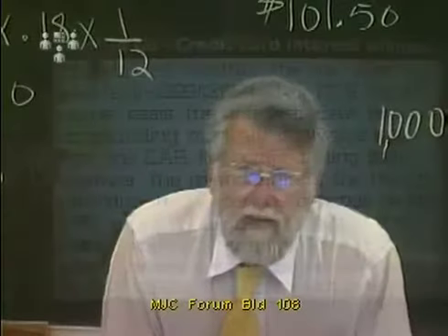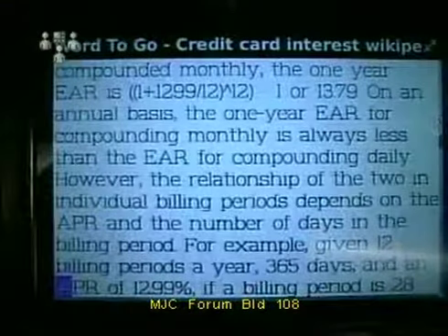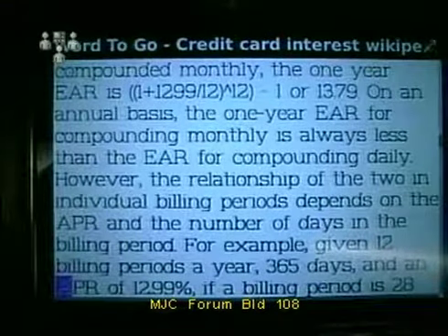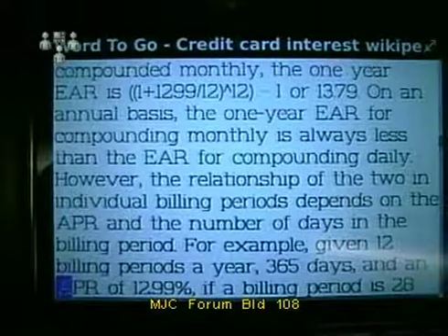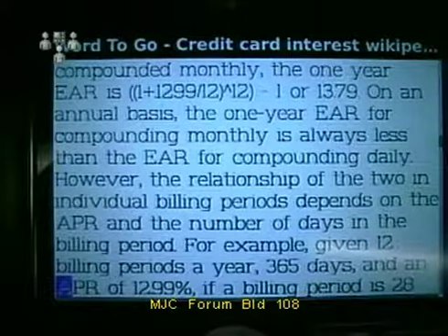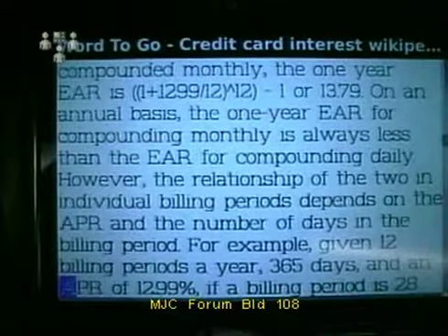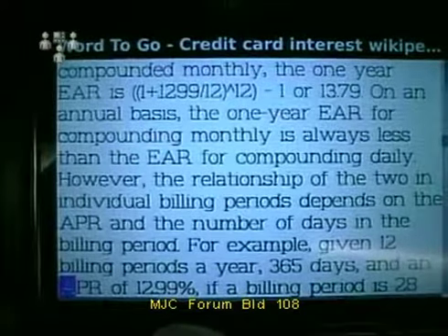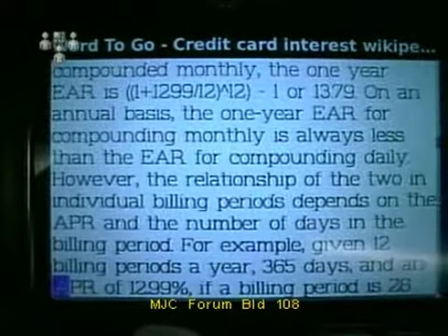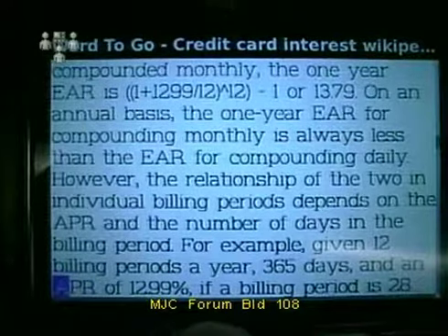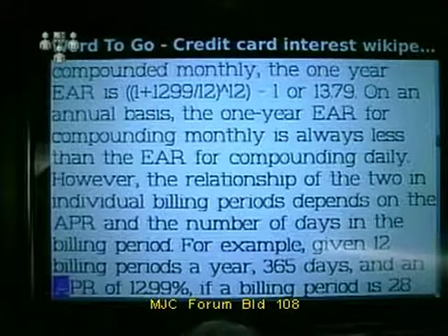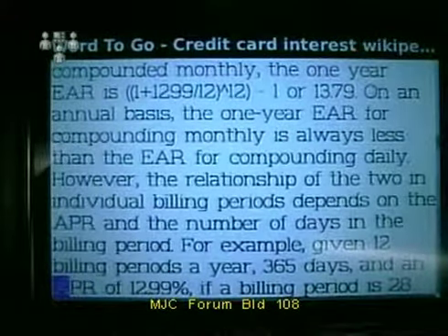Okay. At this point, it says the EAR for compounding monthly is always less than the EAR for compounding daily. And, of course, that was the 18 versus the 19. However, the relationship of the two in billing periods depends on the APR and the number of days in the billing cycle.